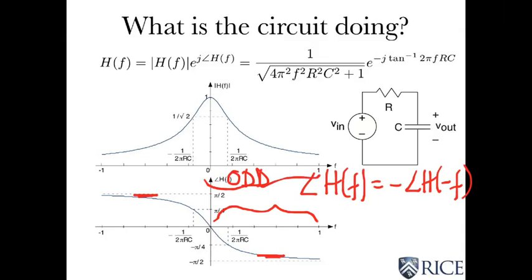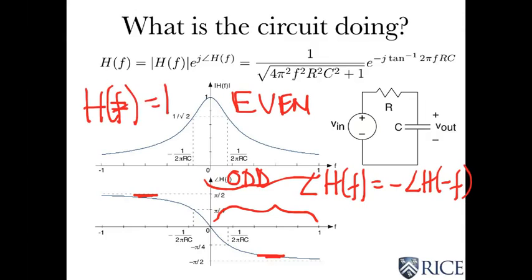I should mention that the magnitude being even and the phase being odd is a way of talking about what's called conjugate symmetry, and that H of f is equal to H conjugate of minus f.